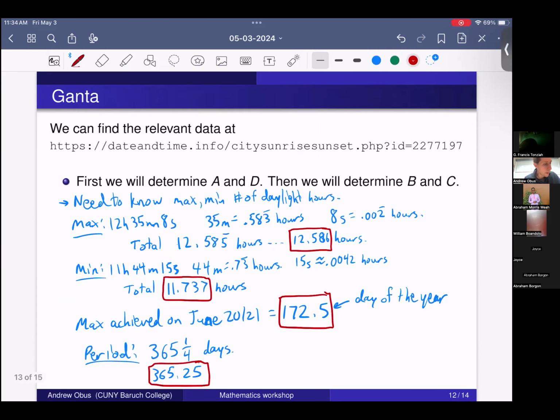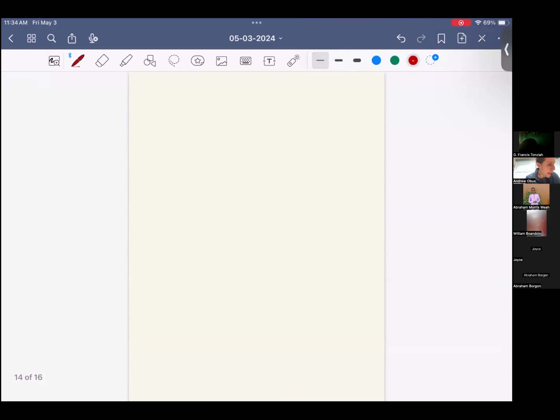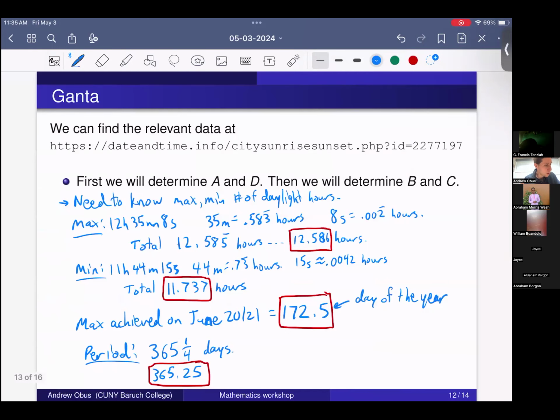So let me bring a new page. So what do we have? Well, remember our equations. So A was equal to max minus min divided by 2. So from our previous page, the max was 12.586 and the minimum was 11.737.